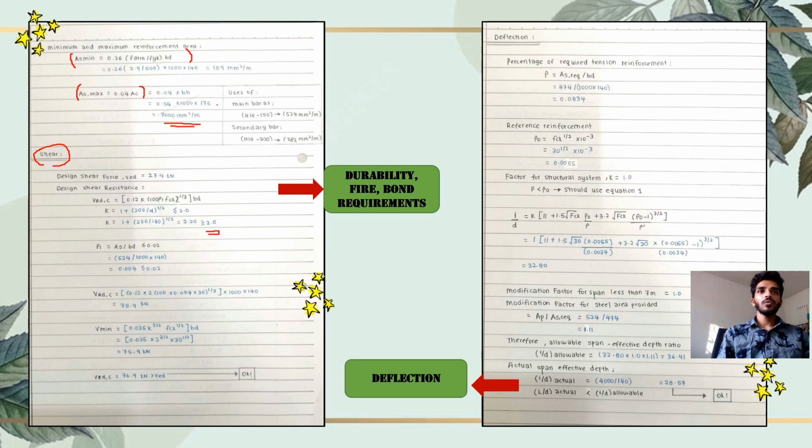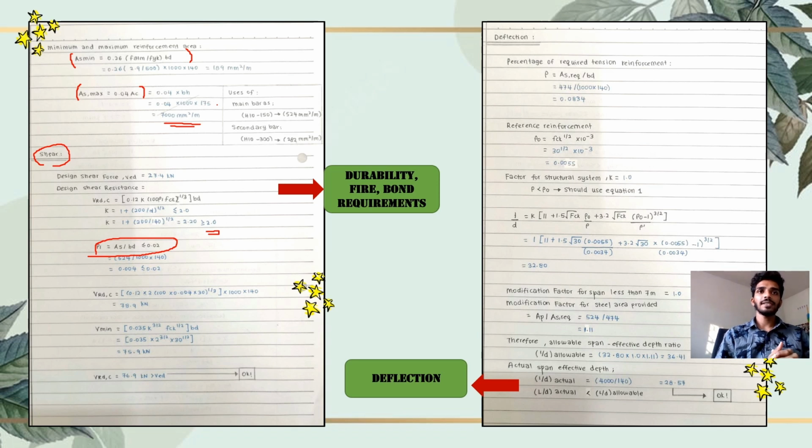VRD,c. So we're going to find the rho 1 using the specific formula As over bd, which should be lower than or equal to 0.02. After solving the calculation, the answer will be 0.004, which is lower than or equal to 0.02. So that is the value for rho prime.